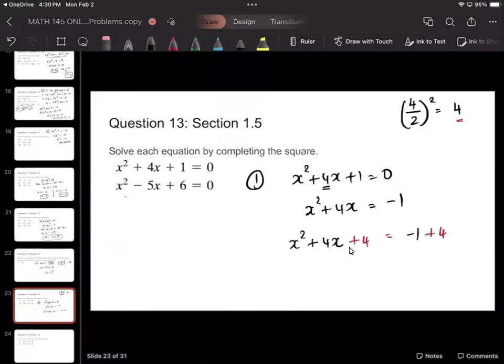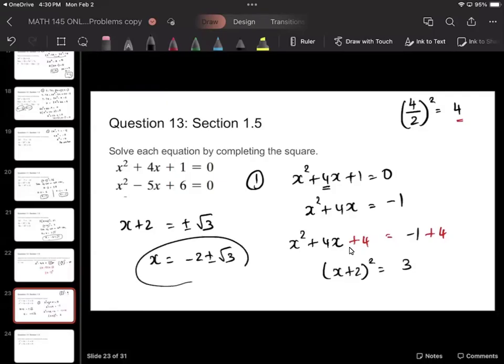So the left side now becomes a perfect square trinomial and the right side is 3. Then we do what we did in the other problem. We take the square root on both sides. We will have x plus 2 is plus or minus root 3. So the answer is negative 2 plus or minus root 3.